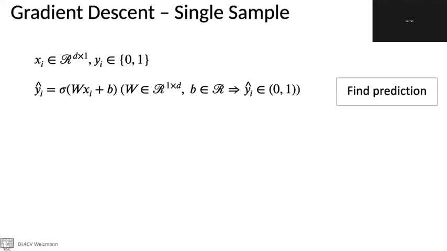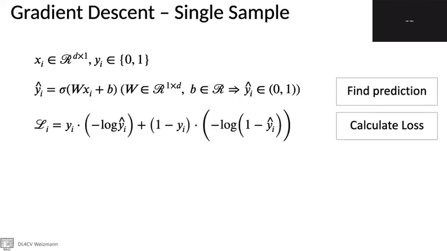So we're going to have a prediction yi hat, which is going to be the probability of having either 1 or 0, and it lies between 0 and 1. Second thing, we're going to calculate the loss. We're going to just compute the loss that we introduced before, the cross-entropy loss.